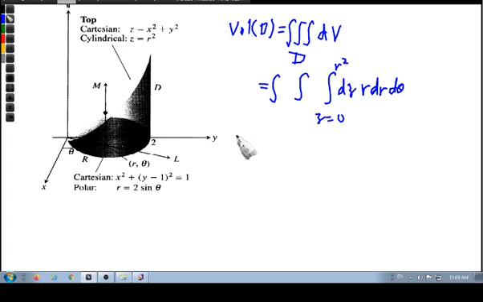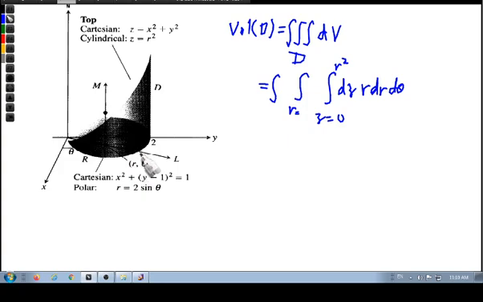Now what are the r limits of integration? r varies from where to where? Draw a line through the origin and through the point r, theta, where it enters the region. That is the lower limit of integration with respect to r, and where it leaves the region is the upper limit.